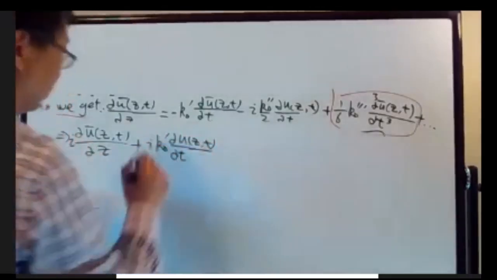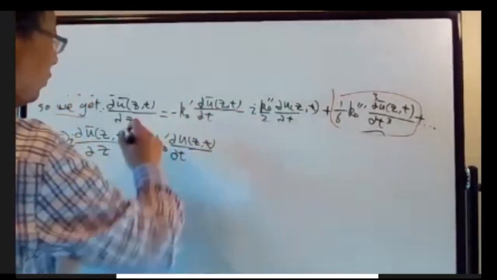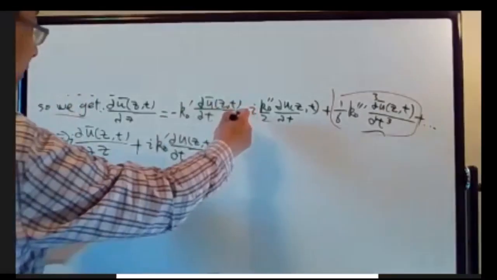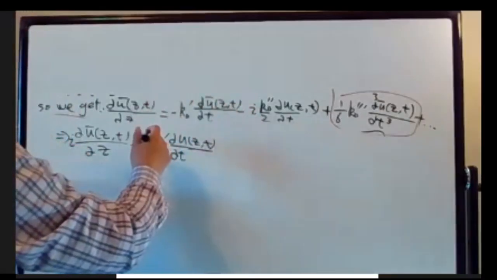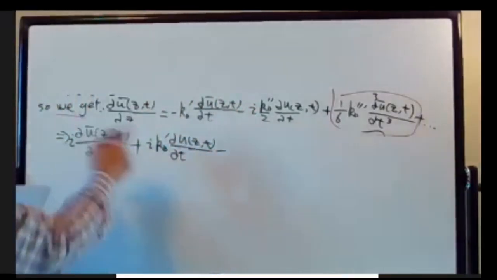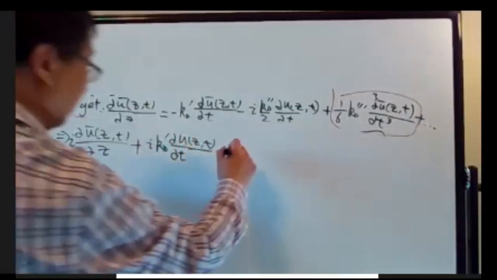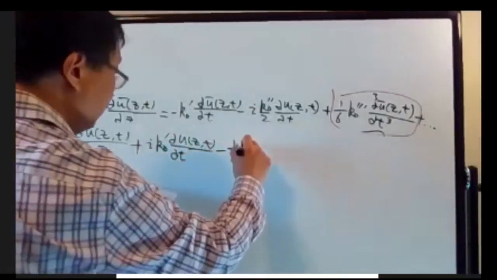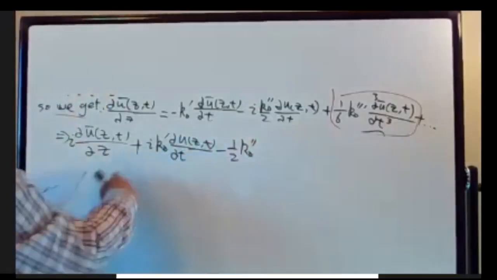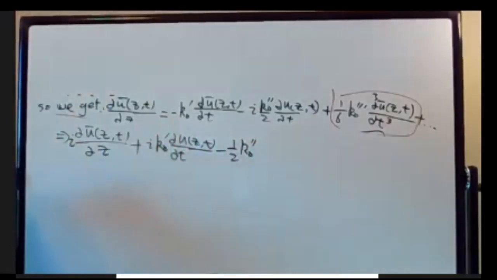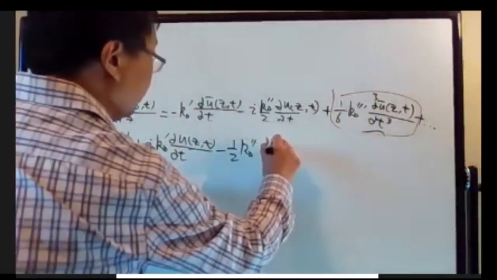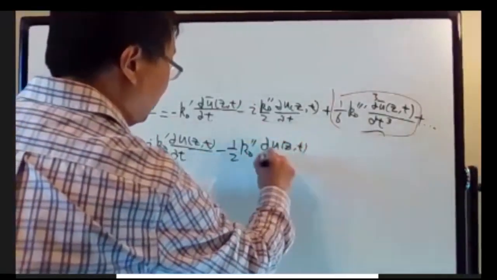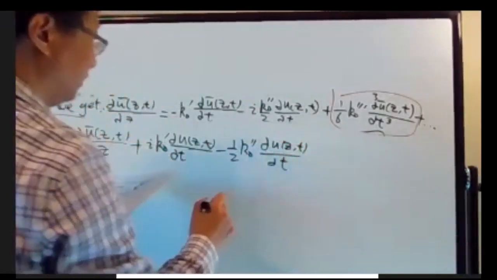Then we move the negative, so it becomes positive, and we add an i, so it's negative half k naught double prime. I just add an i, and partial u zt with respect to t.